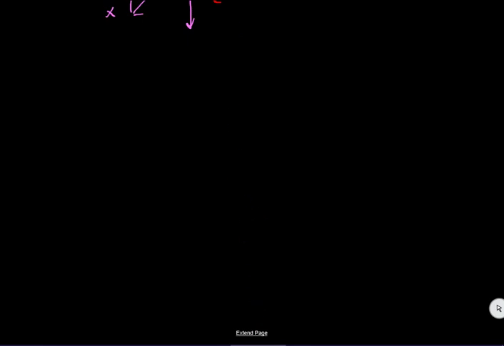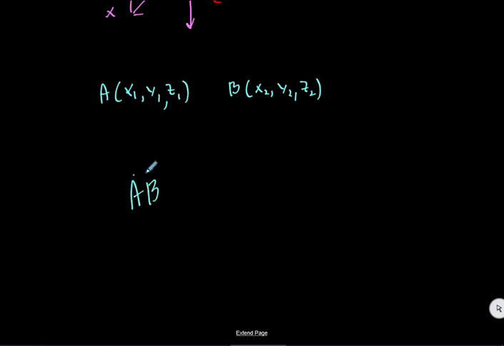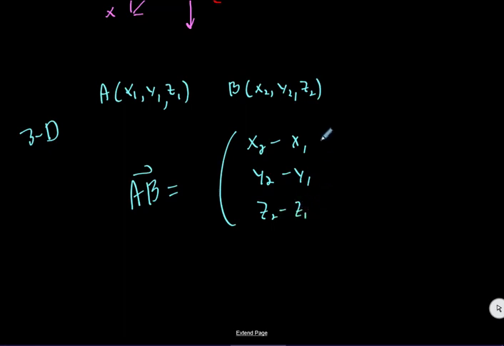So if you have, let's say, the point A, which is x1, y1, z1, and point B is x2, y2, and z2, then your vector AB, just like we've drawn before in 2 dimensions, in 3 dimensions the same thing's going to happen. x2 minus x1, y2 minus y1, and z2 minus z1, right? Good. And we can always find a vector that way.